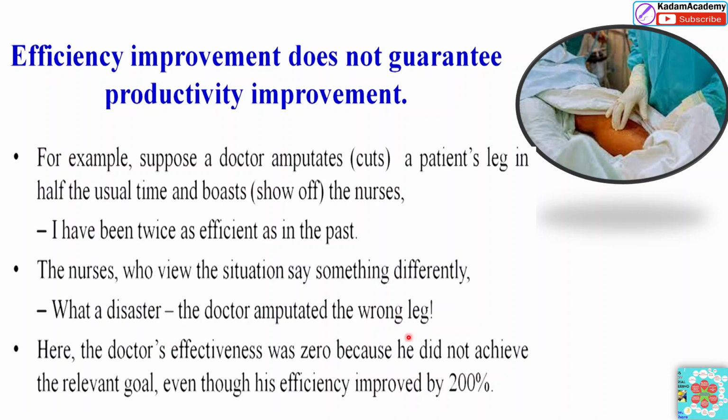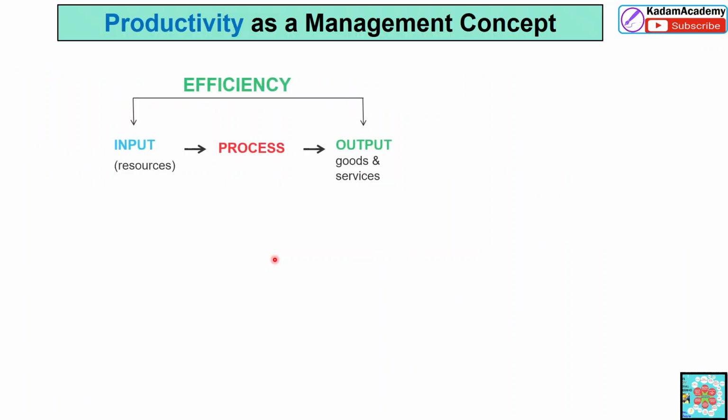Here the doctor's effectiveness was zero because he did not achieve a relevant goal. This term is also important: effectiveness. Whether the relevant goals are achieved or not is also important. Even though his efficiency improved 200% and he has done more leg operations, he has operated on the wrong legs. So the improvement in efficiency is 200%, but effectiveness is zero.